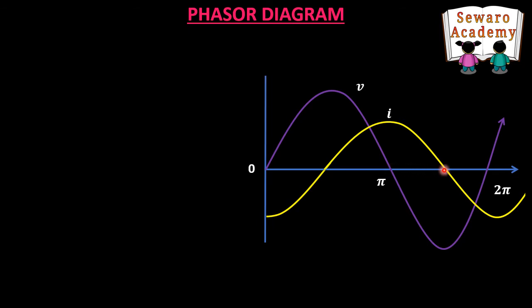So now we have to draw the phasor diagram for the AC circuit containing only the inductor. Similarly, we draw a vertical line, and this point will be represented by omega t1. Now on the left hand side we draw a phasor diagram.